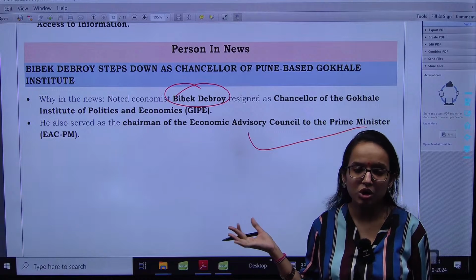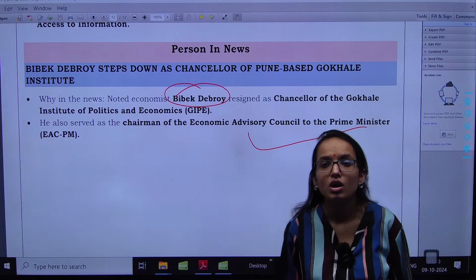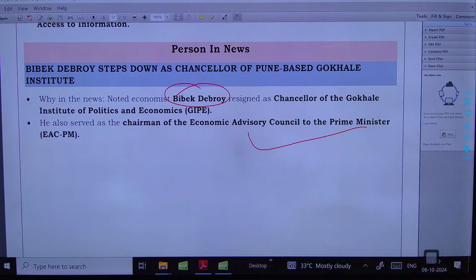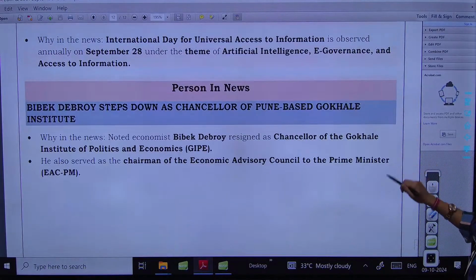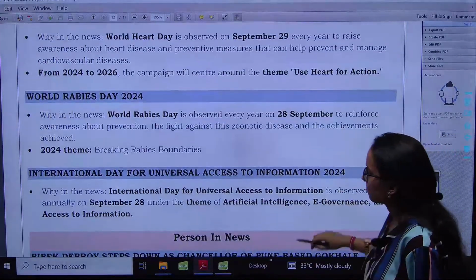So Bibek Debroy, famous economist from India, you all know, has been in news because of his resignation from Chancellor of Gokhale Institute. So this was the news we have discussed.